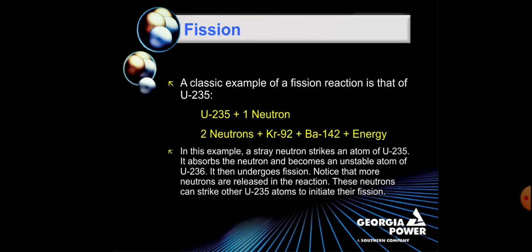When a stray neutron strikes an atom of uranium-235, it absorbs that neutron and becomes unstable. Thus it disintegrates or breaks into two lighter, smaller nuclei, krypton-92 and barium-142, and releases a large amount of energy.